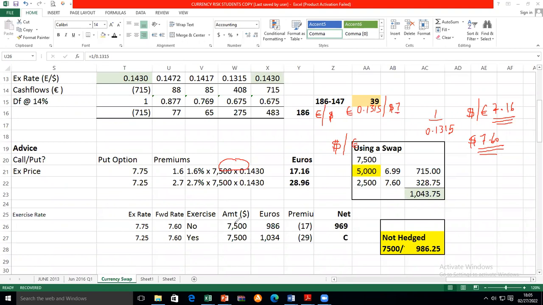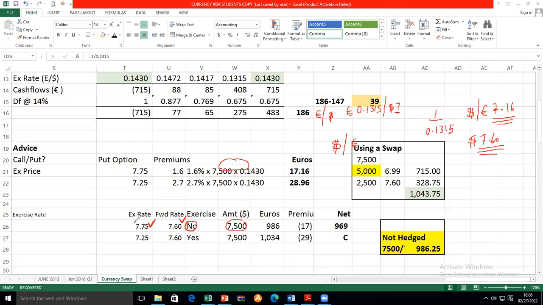Your 75, this is your 75. You want to convert to euros. So to convert these dollars to euros, you divide. If you exercise and divide by that one, you get less money. But if you go in the open market and divide by that, you get more money. So that is why we ask the question, are you going to exercise this rate? The answer is, we don't exercise.